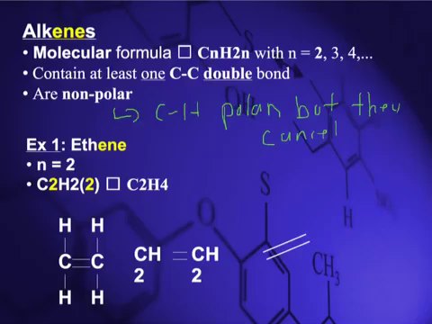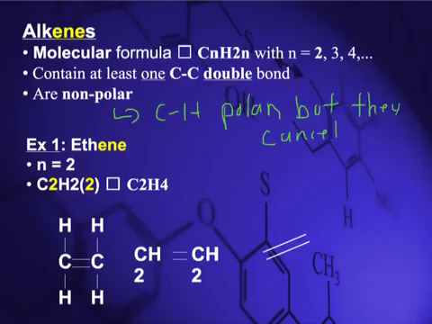For example, ethene. The name ethene ends in -ene, and remember, eth- is the prefix for 2-carbon compounds, so the general formula for ethene is C2H4. Here we see the structural formula for ethene. You have 2 carbons, and there's a double bond between those 2 carbons.